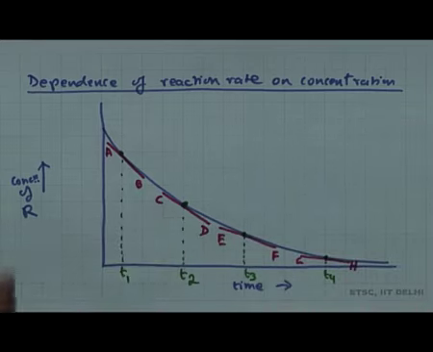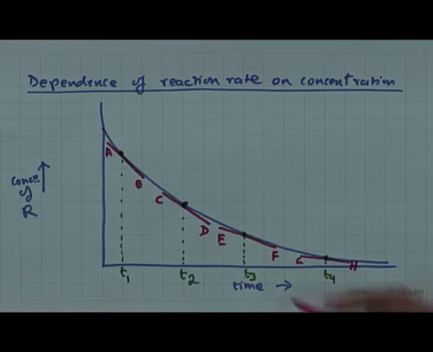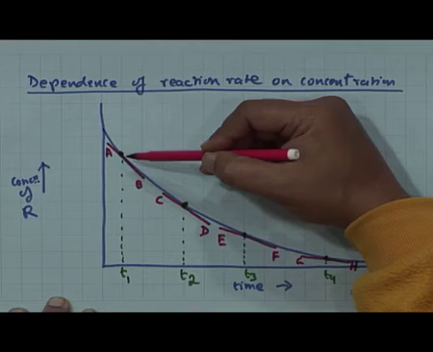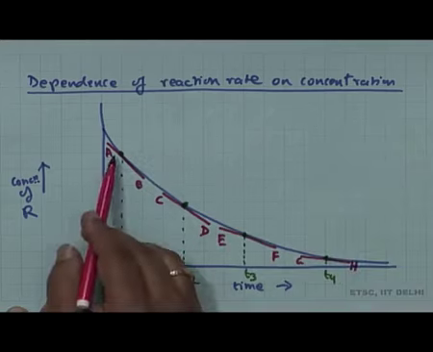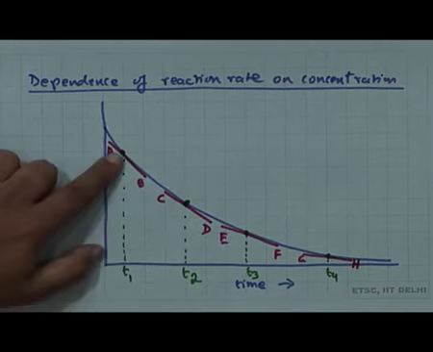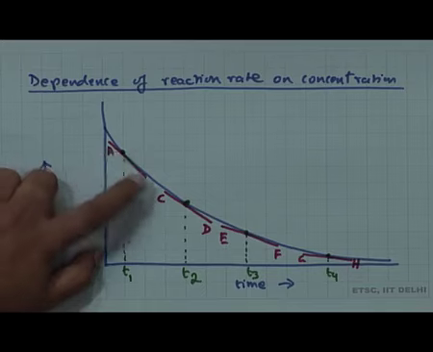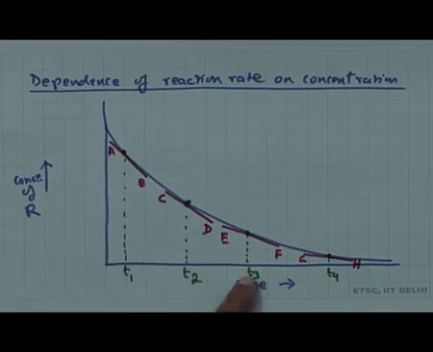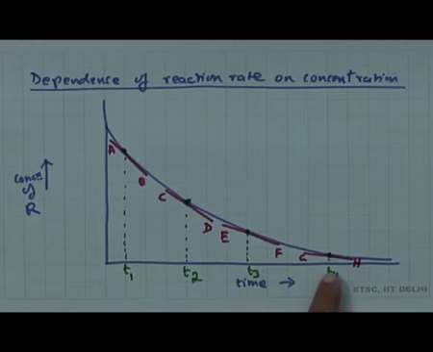At the 4 time points, I want to know the instantaneous reaction rates. So, what have I done? At each of these 4 time points, I have drawn tangents. For time point t1, my tangent is AB. For time point t2, my tangent is CD. For time point t3, my tangent is EF. For time point t4, my tangent is GH.